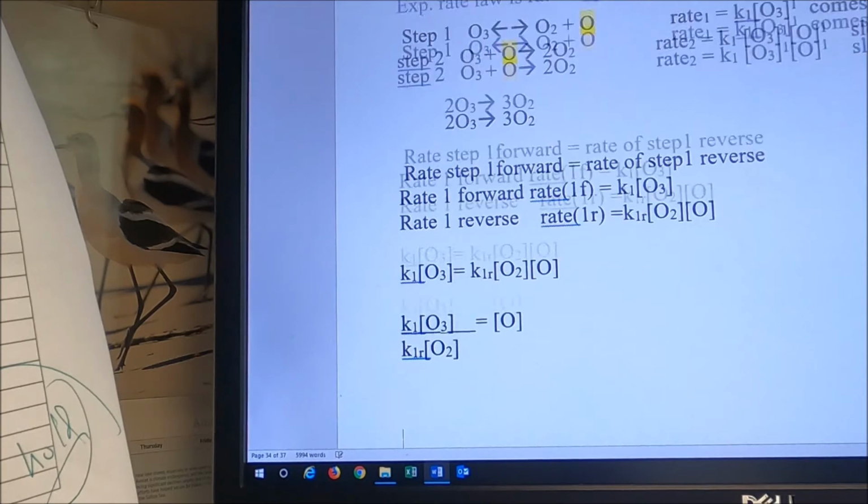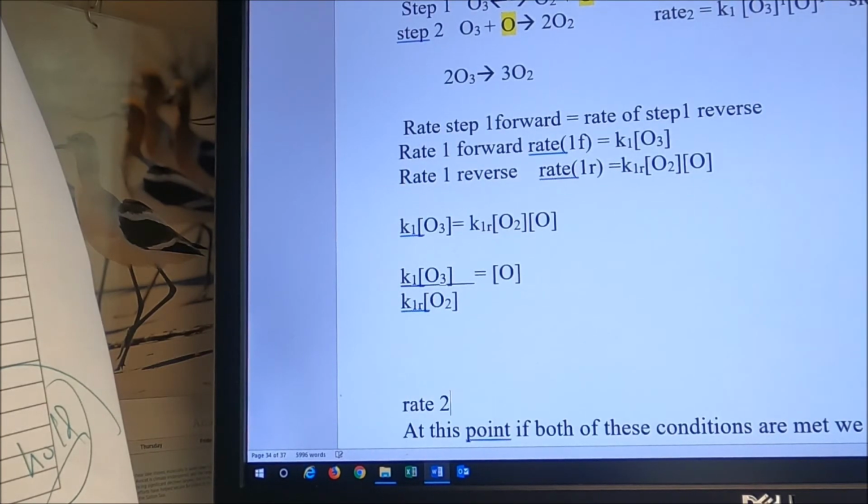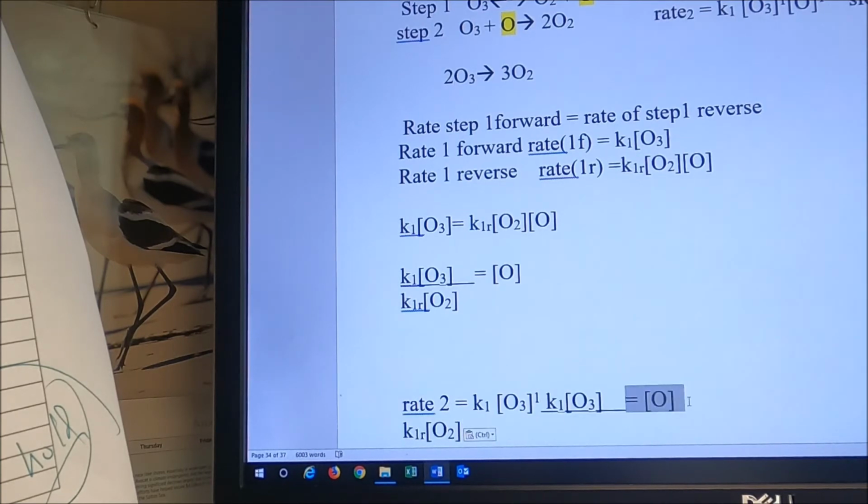So if I come down here, I can write rate 2 is equal to, let me copy, paste. Where the oxygen is, I'm going to replace it with all of this.